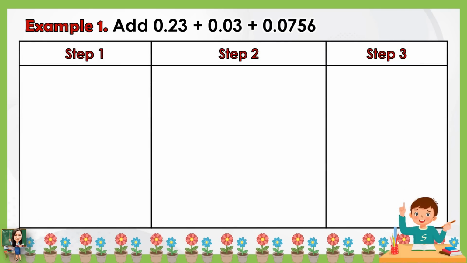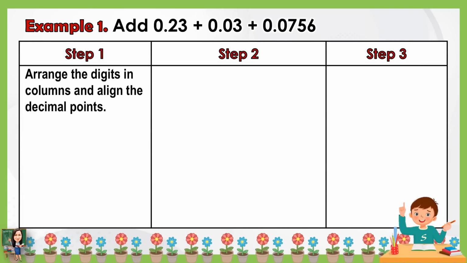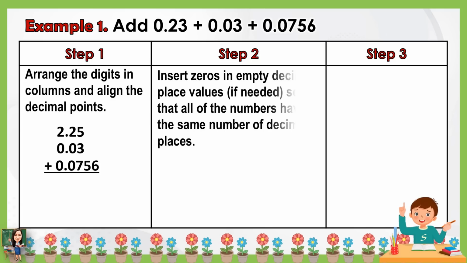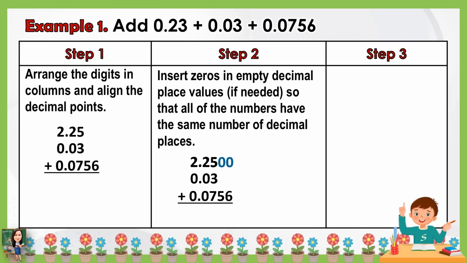Let's study the table. In step 1, you are going to arrange the digits in columns and align the decimal points. For example, 2 and 25 hundredths plus 3 hundredths plus 756 10,000ths. Step 2, insert zeros in empty decimal place values if needed, so that all the numbers have the same number of decimal places.